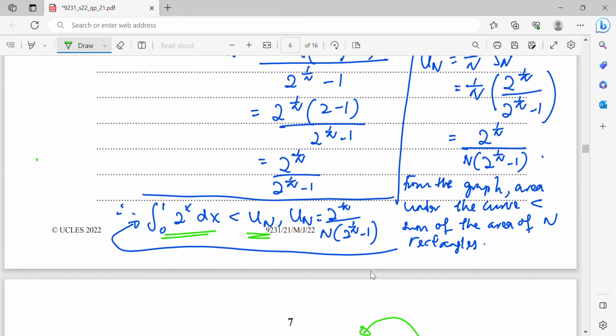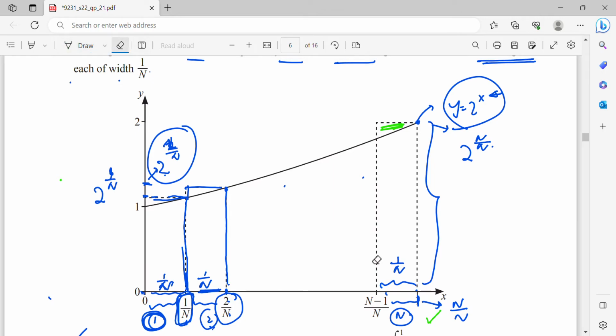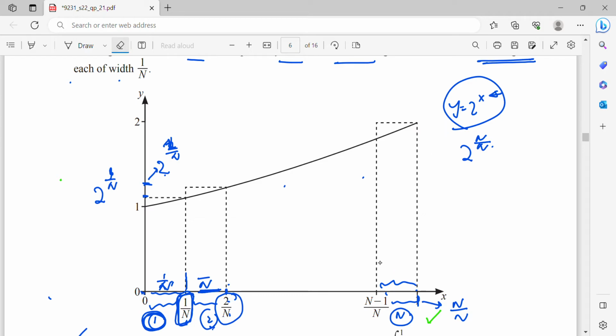Now for the Ln, we cannot refer back to this graph anymore, but I will have to refer to another set of rectangles. So the first rectangle is going to be here, the second rectangle is here, so that it will be the lower bound, and the third rectangle is here.